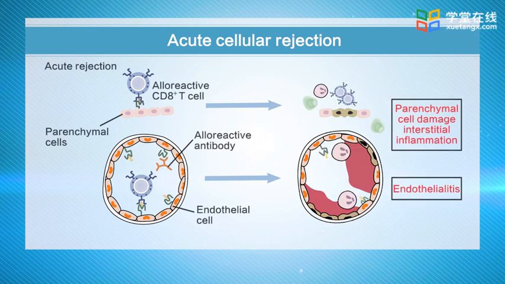Morphologically, in acute cellular rejection, lymphocytes infiltrate the interstitial and perivascular compartments of the allograft, resulting in graft cell damage and necrosis. CD8 T cells may directly destroy graft cells, or CD4 T cells secrete cytokines and induce inflammation, damaging the graft.